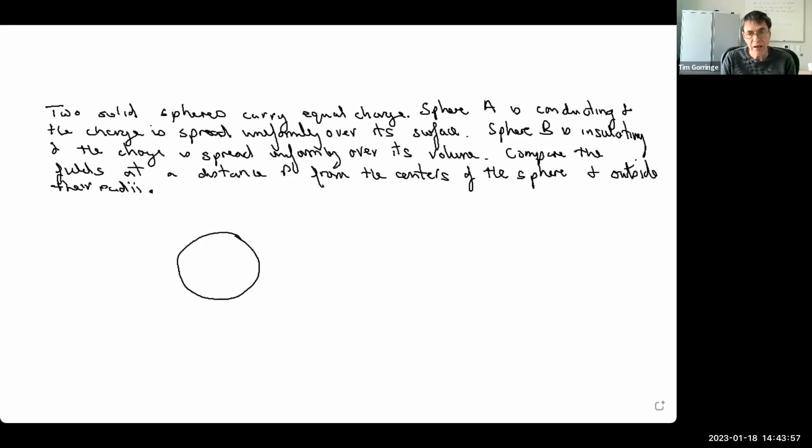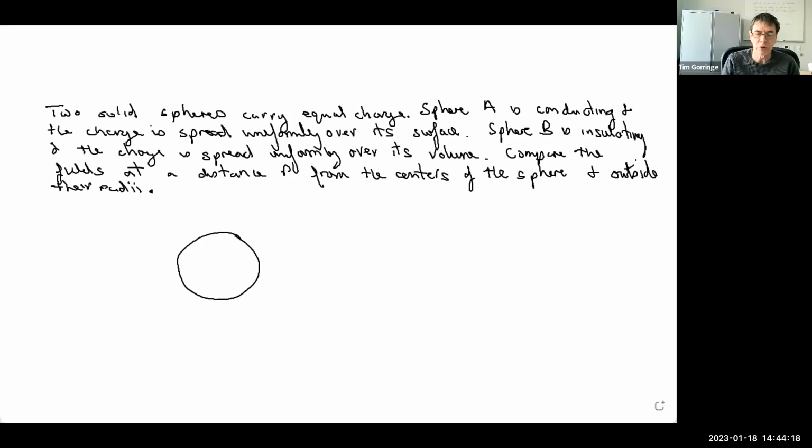So the key idea is that whether we're thinking about the conducting sphere with the charge uniformly over the surface, or we're thinking about the solid sphere with the charge uniformly throughout the volume, those charge distributions are spherically symmetric.